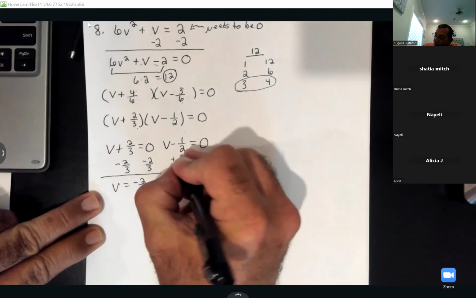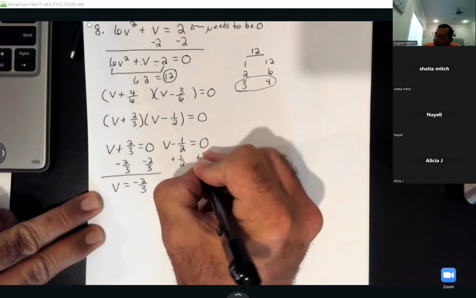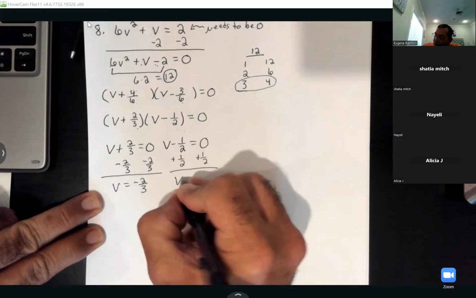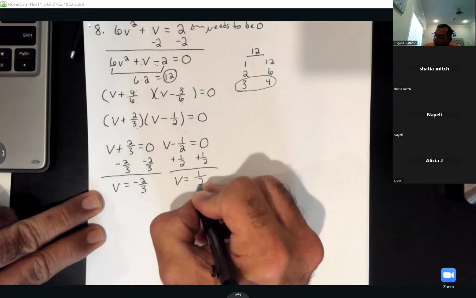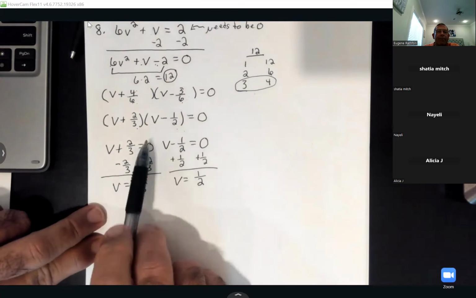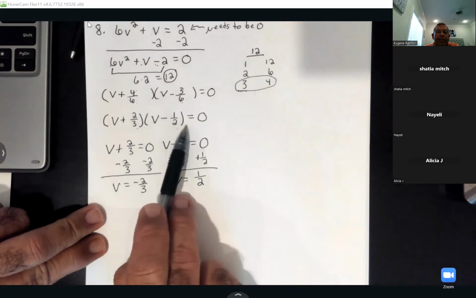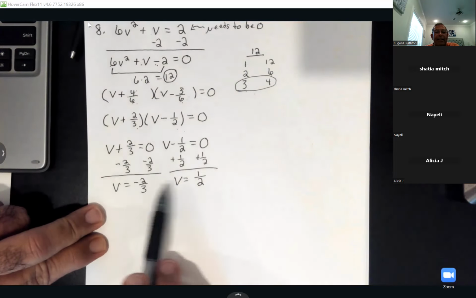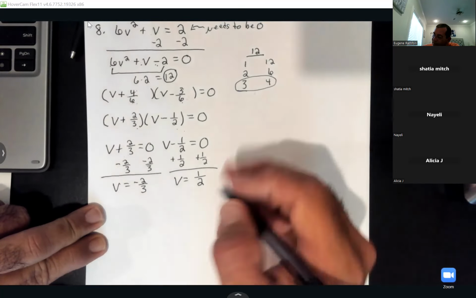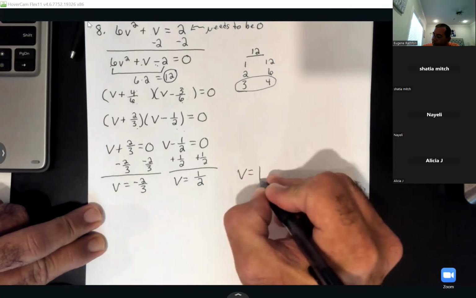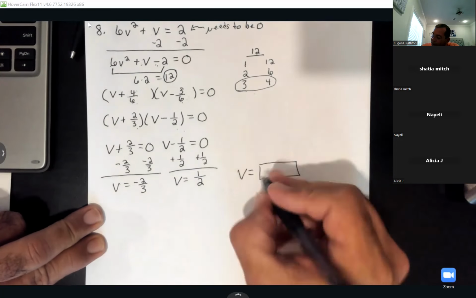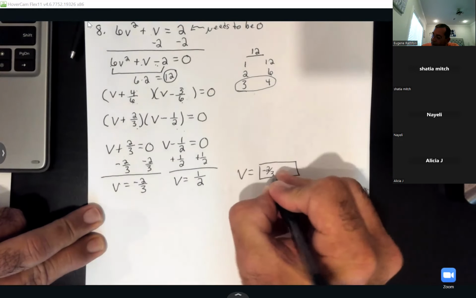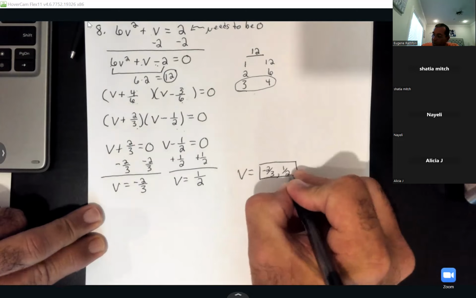And then here we would add 1/2 to both sides. And I get v equals a positive 1/2. So if you can get me these fractions at this point, change the signs and get them final answers. So y'all, I'm going to put in my negative 2/3, comma, 1/2.